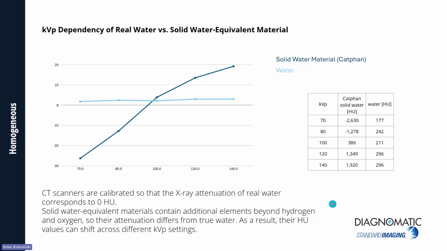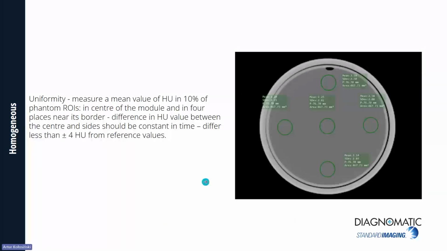CT scanners are calibrated for the attenuation of real water, which corresponds to zero, and epoxy, the resin-made materials, contain additional elements beyond hydrogen and oxygen, so their attenuation differs from true water. As a result, their HU values can shift across different kilovolt settings. With the homogeneous model, we also measure the uniformity.